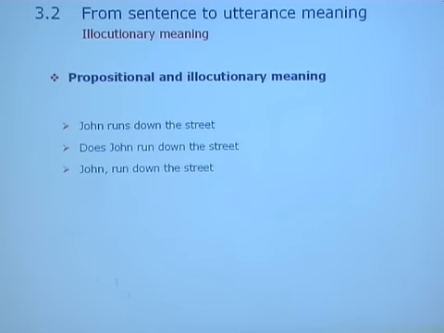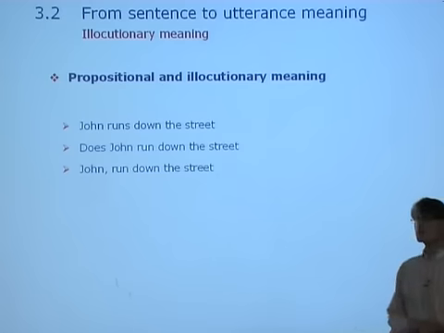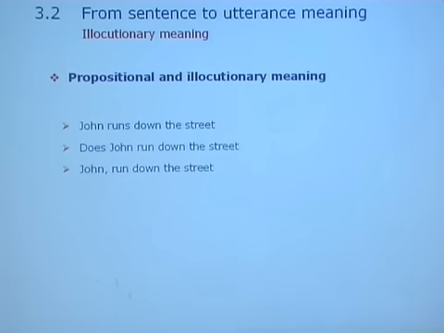Now let's take a look at the relationship between propositional meaning and illocutionary meaning. Have a look at these sentences. "John runs down the street." "Does John run down the street?" "John, run down the street."